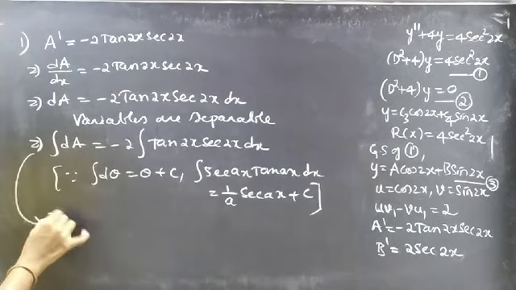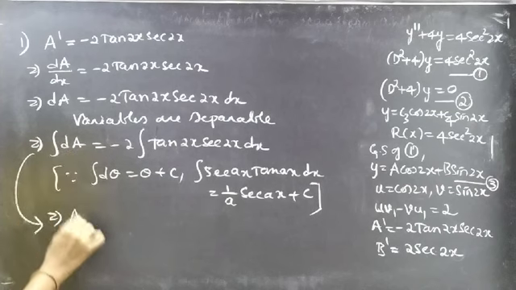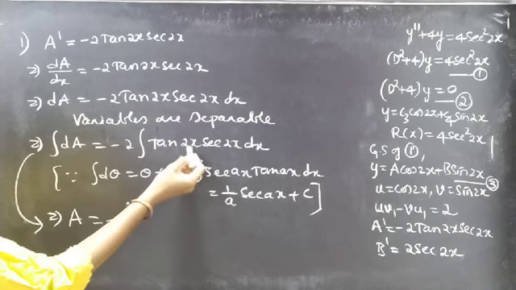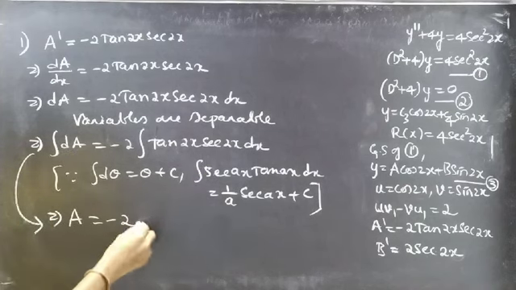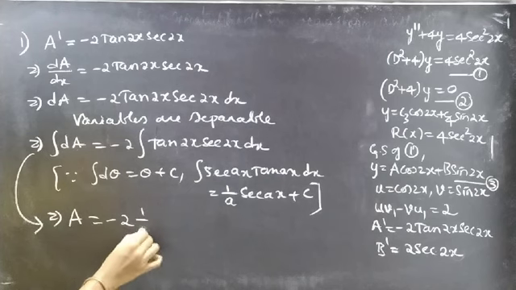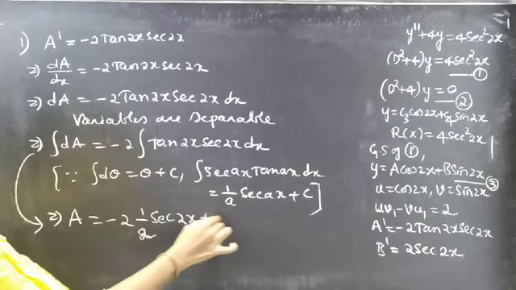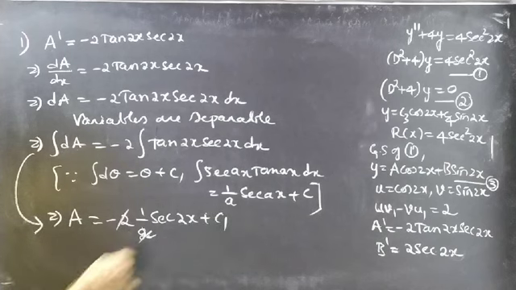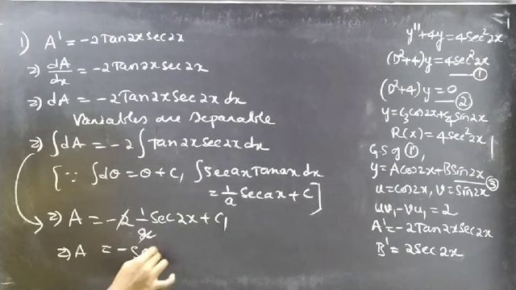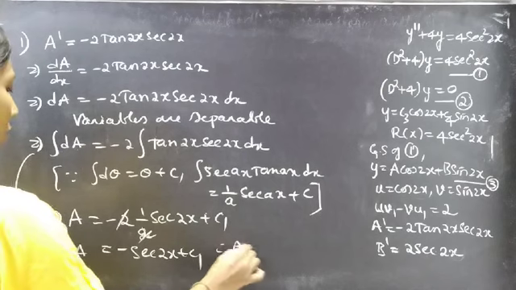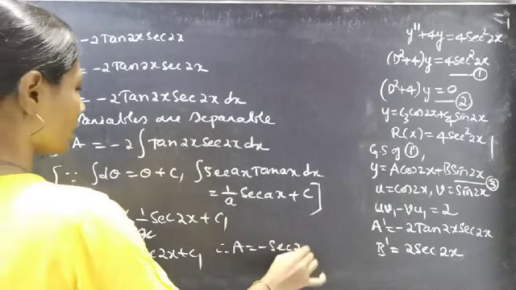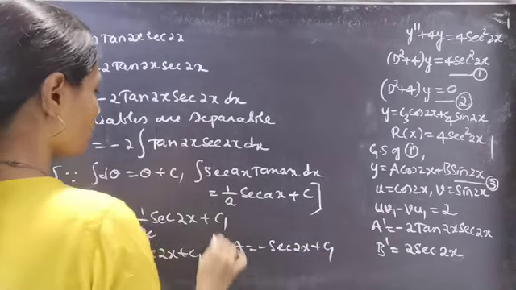Then the above equation becomes integral dA, A equals minus 2 into, for a equal to 2 we'll get 1 by 2 into secant 2x plus integral constant c1. The 2 gets cancelled, and we'll get A equals minus secant 2x plus c1. So we got A, therefore A equals minus secant 2x plus c1.